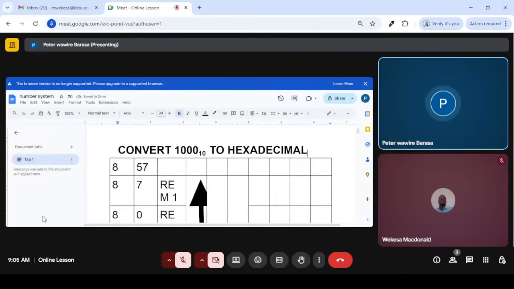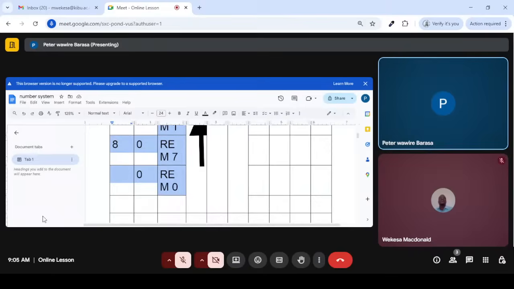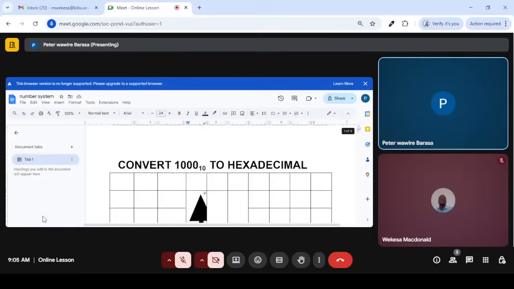We want to convert a number like 1,000 there into hexadecimal. So here we start with 1,000.